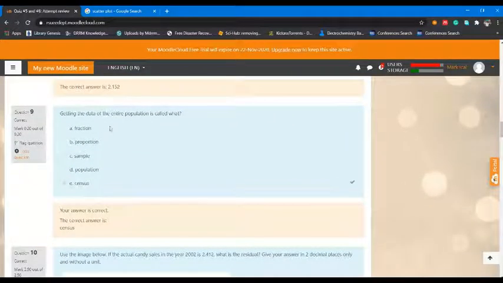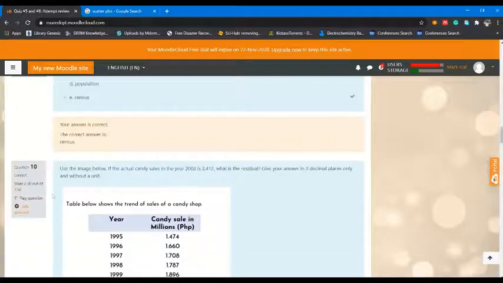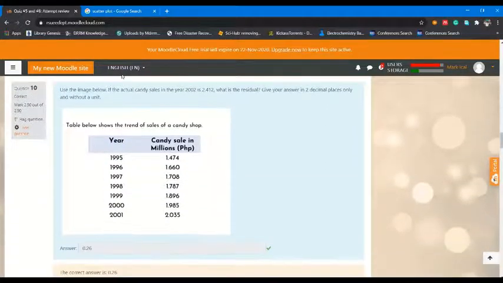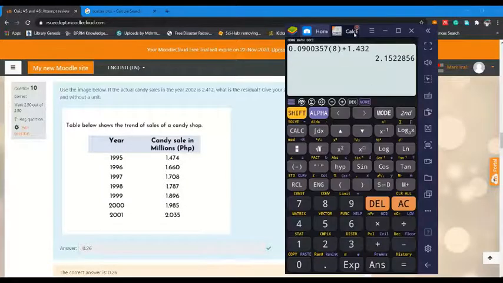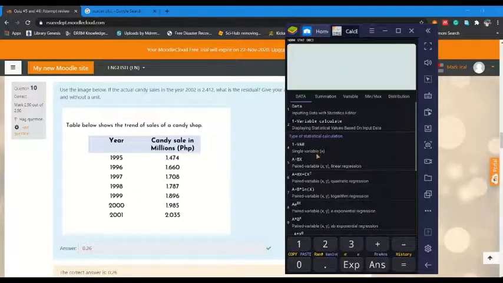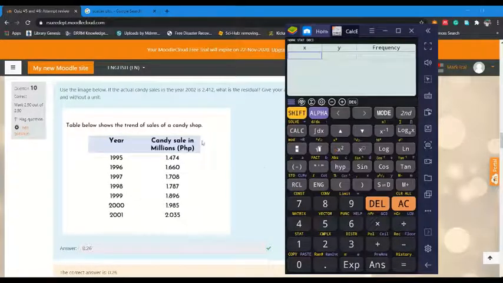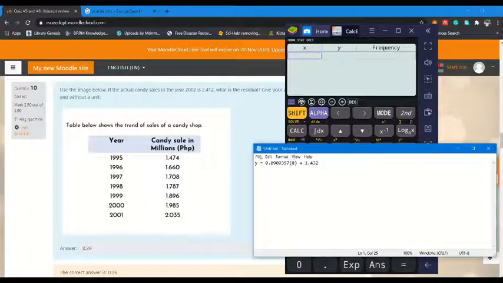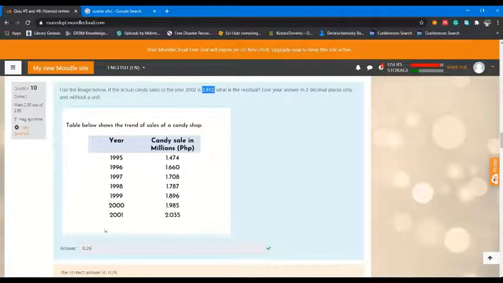So, getting the data of the entire population is called what? So, census. Use the image below, actual candy sales. Okay, actual candy sales. Okay, so, stat. Okay, so, teka lang. Di ba nakuha ko na yung formula doon? Ito yung formula. So, ang actual daw na 2002 is 2.412.